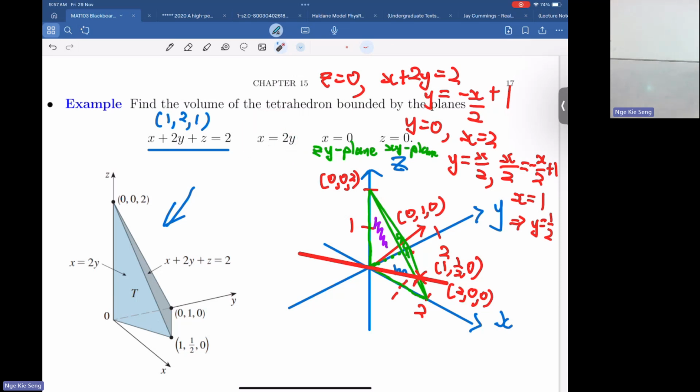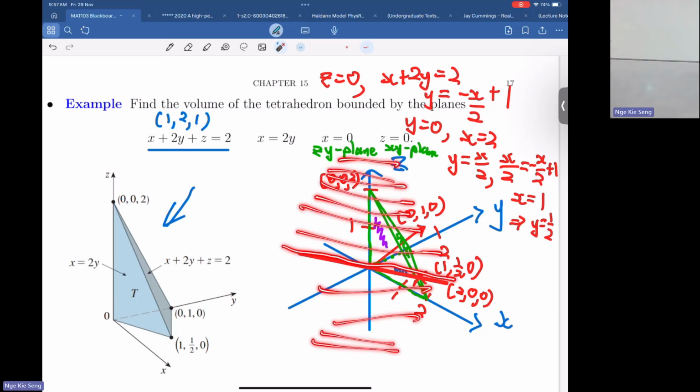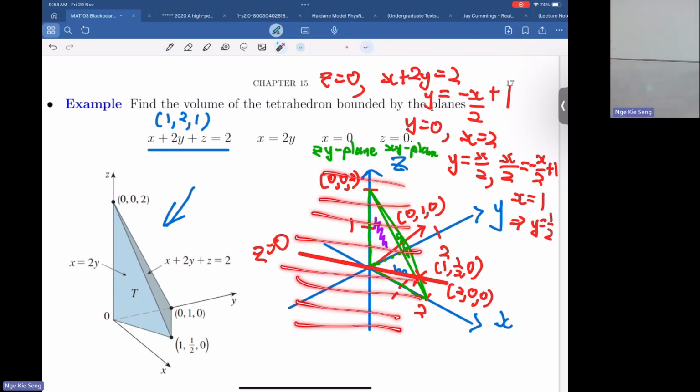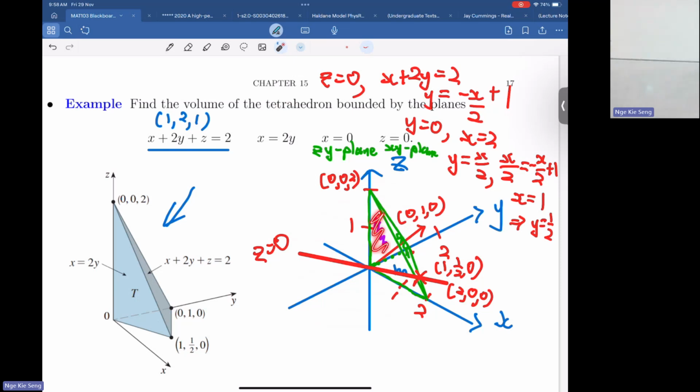So for every z you have this line here, and it will form a plane. Does it make sense? The line I drew here just corresponds to z equals 0. If you put all these together, it forms a plane, so it covers the other side of your tetrahedron here.